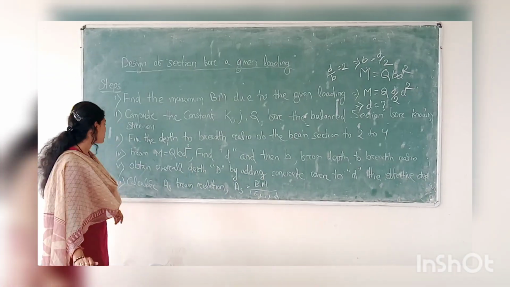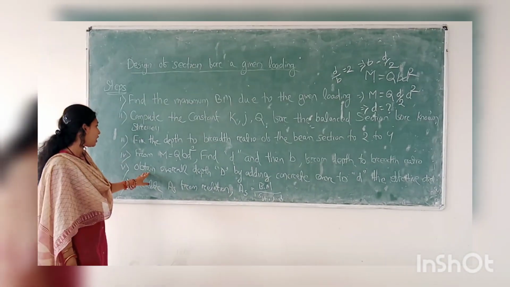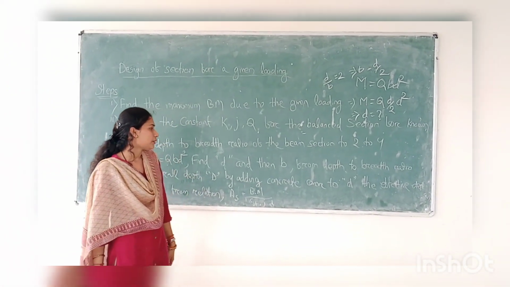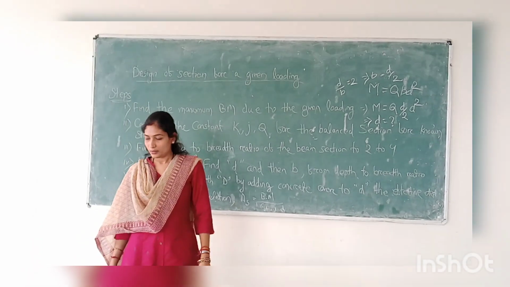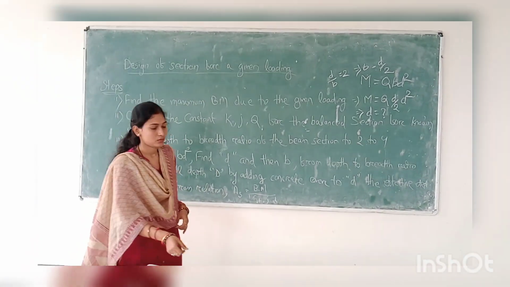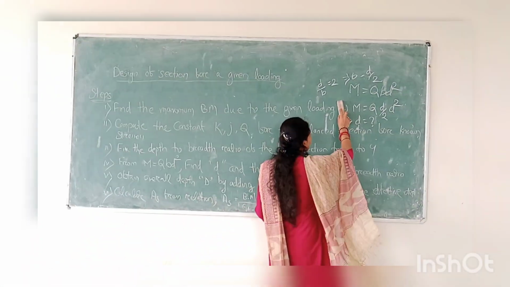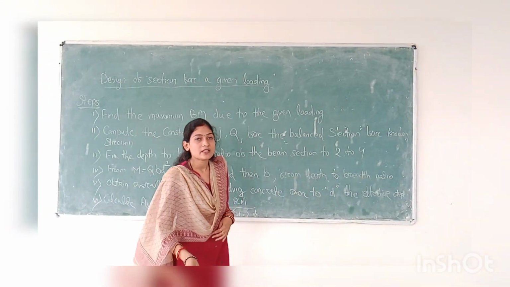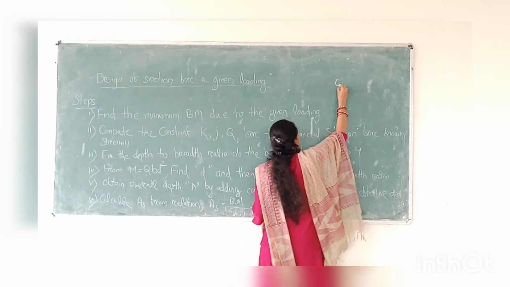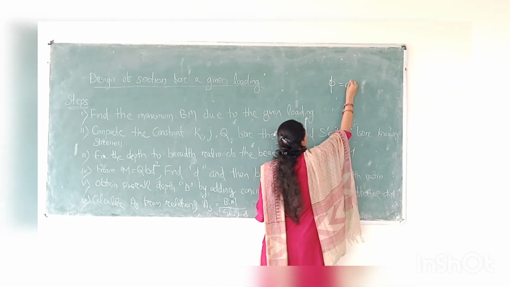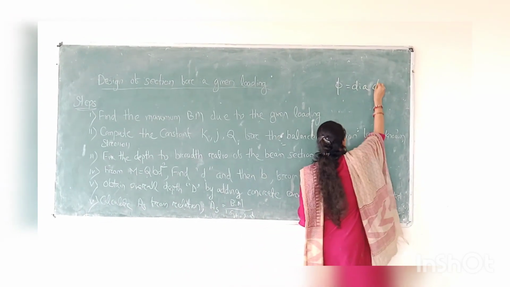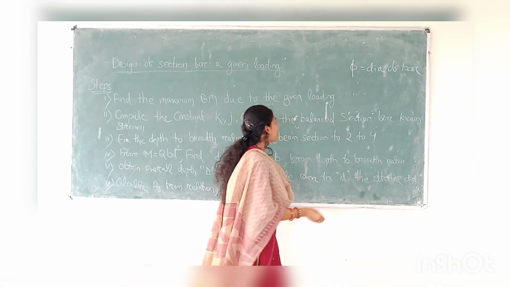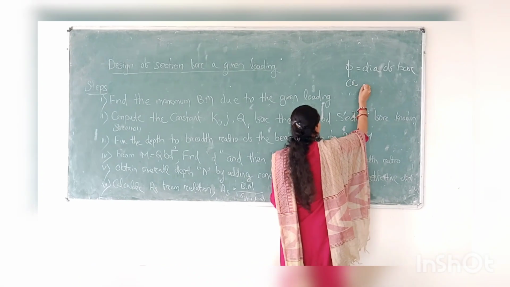Okay. So the next design step, obtain the overall depth D by adding the concrete cover to d, the effective depth. If the clear cover and diameter of the bar are not given, we have to assume the diameter of the bar and the clear cover, CC value.